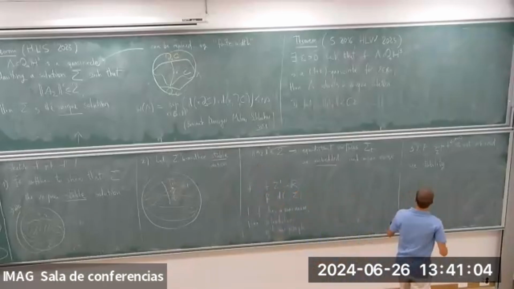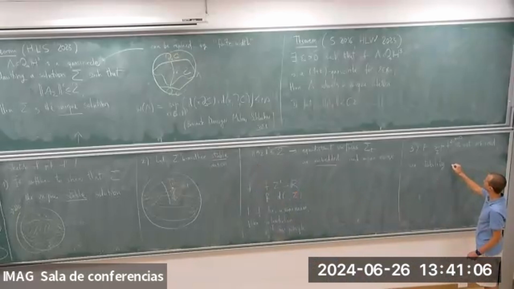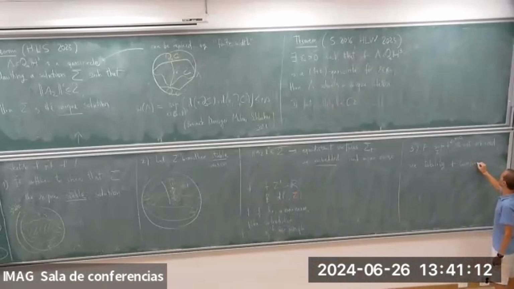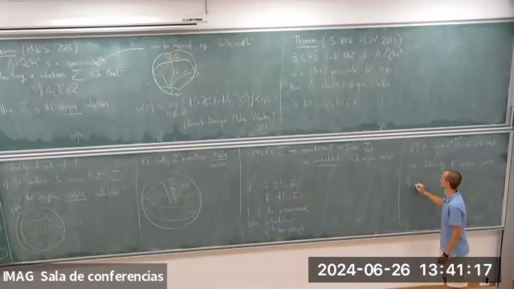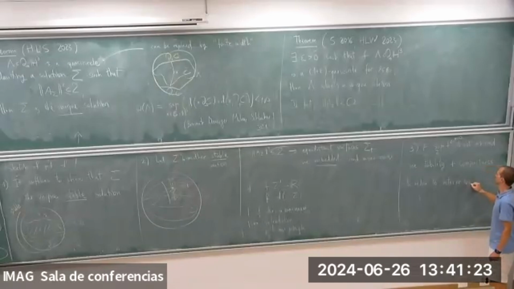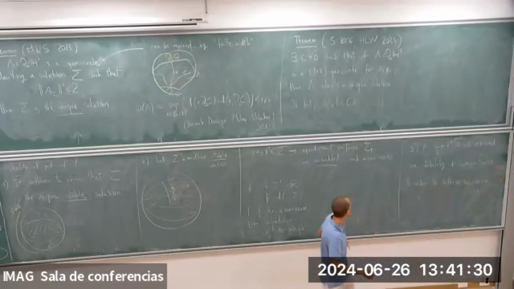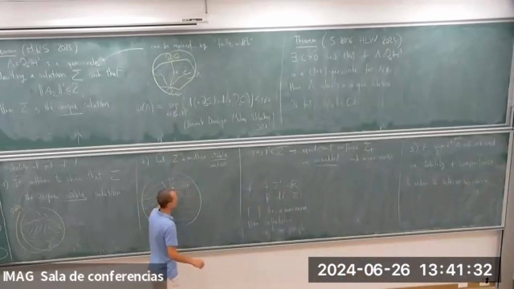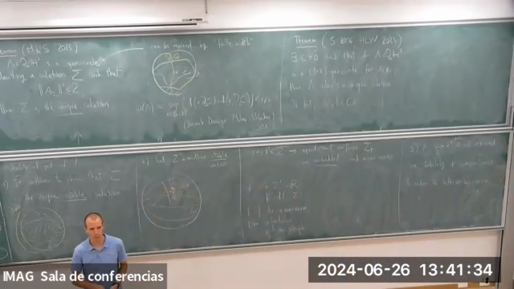So one uses stability plus compactness, because you're supposing sigma prime is stable, and compactness of stable Riemann surfaces to reduce to the maximum case. One normalizes by isometry, takes limits and reduces to this situation here. That's a contradiction. Okay, that's all I wanted to say. Thank you.